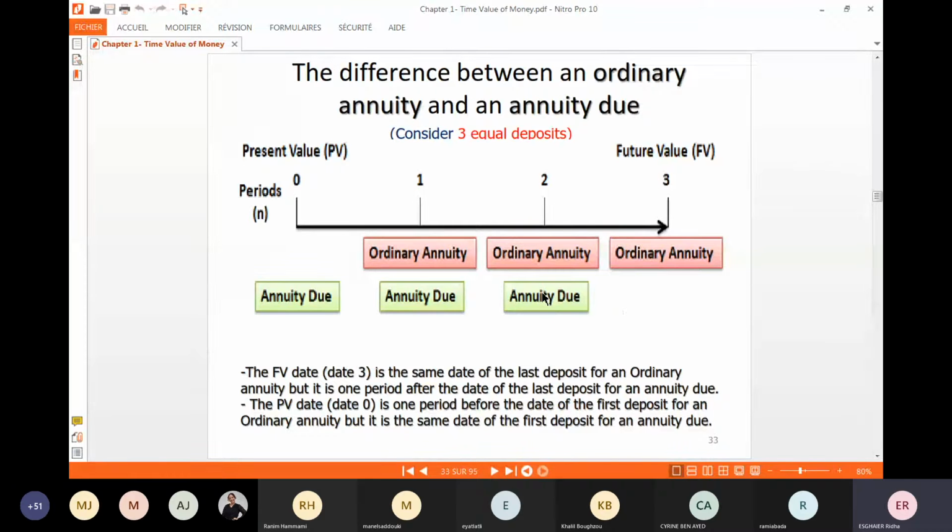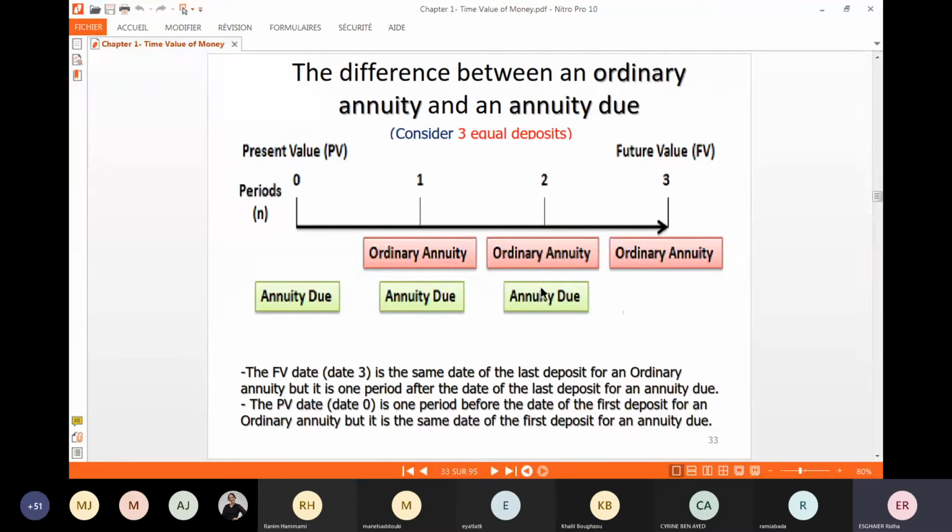So the reverse of an ordinary annuity: when the first amount to be paid or received occurs today, at the present value date, it's an annuity due. In this case, the future value date will be one period after the date of the last deposit.